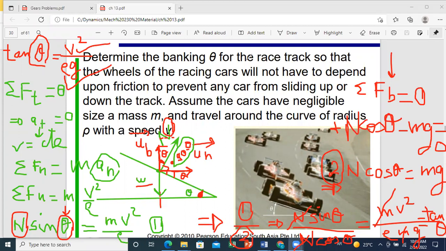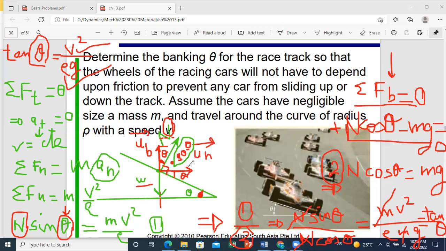Any other? Yes, the sum of forces along UB is also 0, but why is it a useful equation here? Because you have projection of forces. N has a projection on UB, and the weight has a projection on UB. So when you write the sum of forces along B equals 0, you will relate N and weight.